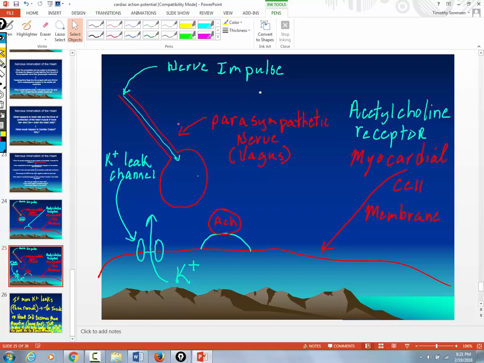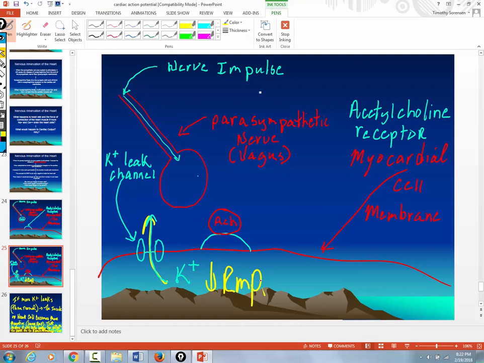When the parasympathetic nervous system is stimulated, it will release acetylcholine. When acetylcholine binds to acetylcholine receptors on the heart, it causes potassium to be more permeable. This lowers the resting membrane potential, and when you lower the resting membrane potential, it takes longer for sodium and calcium to leak in, so your heart rate drops.